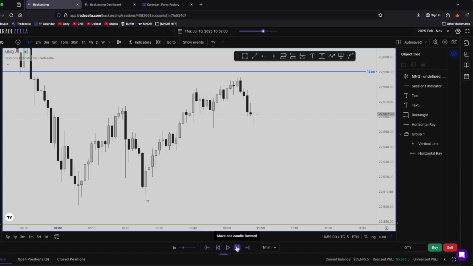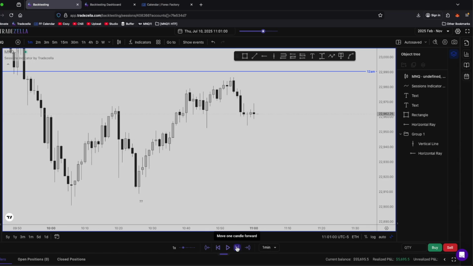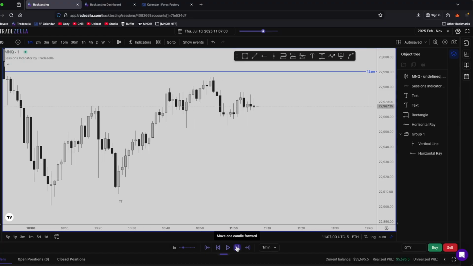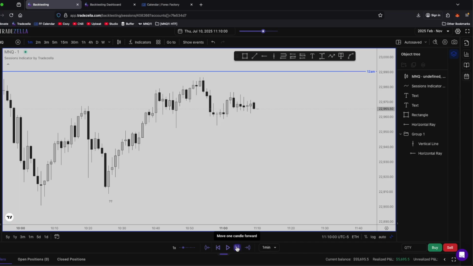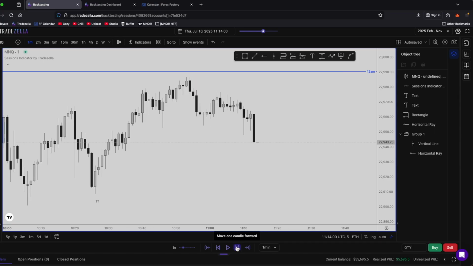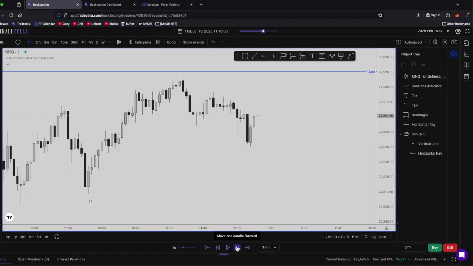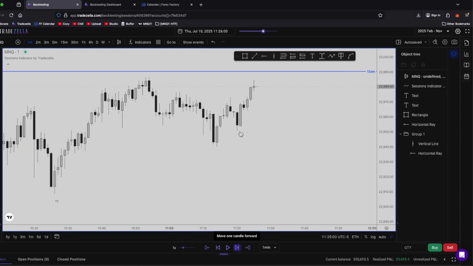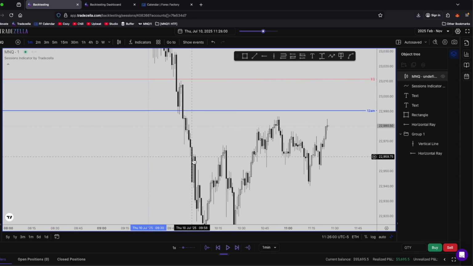Kind of an ugly breaker. So just price moving sideways after that distribution.